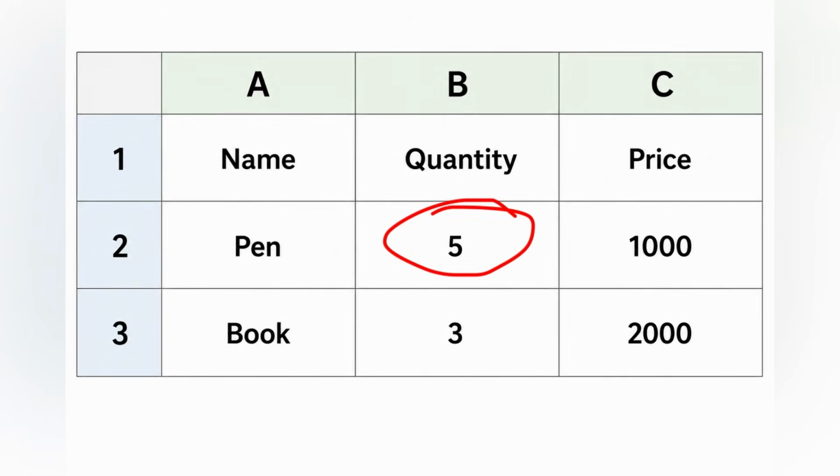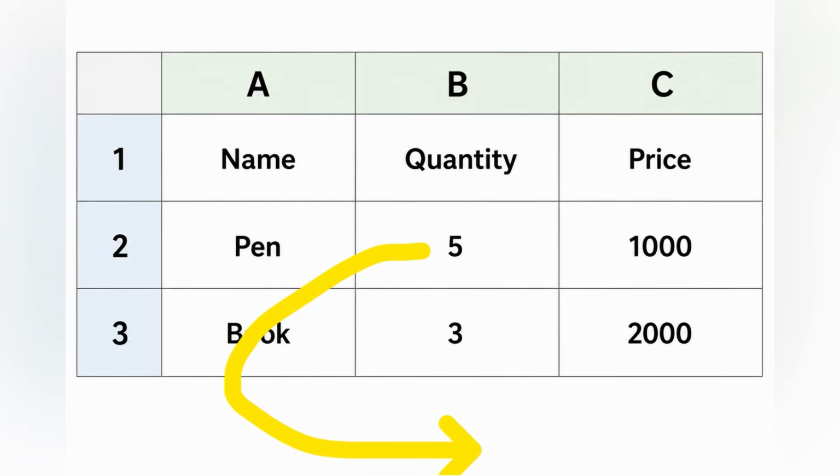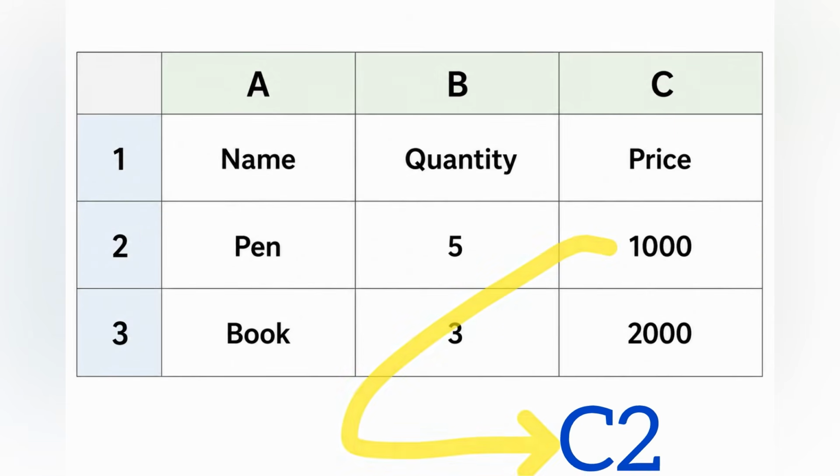Now, let's look at the value 5. The value 5 is located in column B and row 2. So, its cell reference is B2. What about the value 1000? Since it is located in column C and row 2, its cell reference is C2.